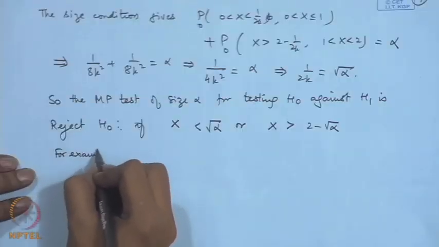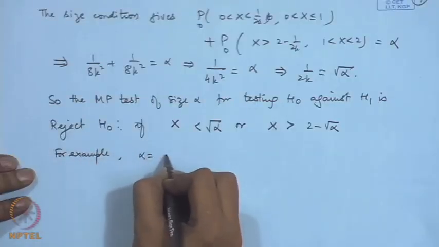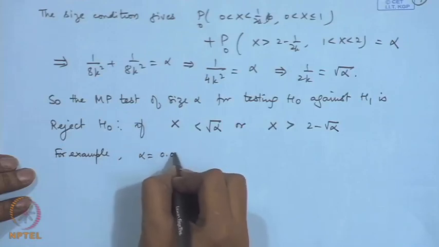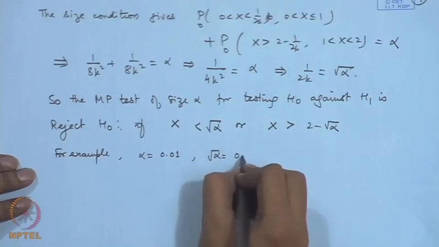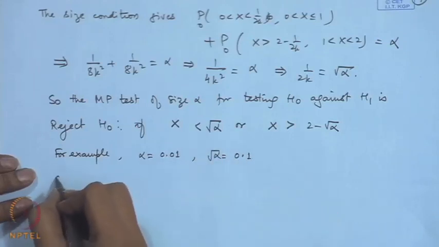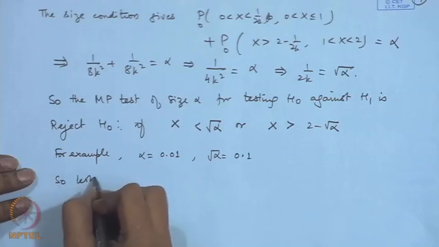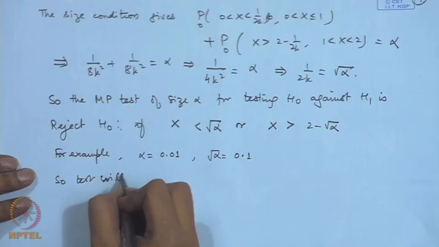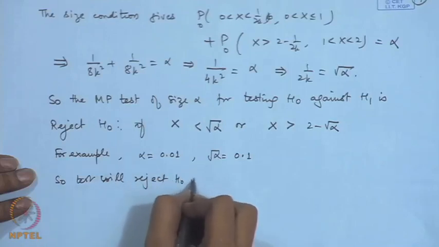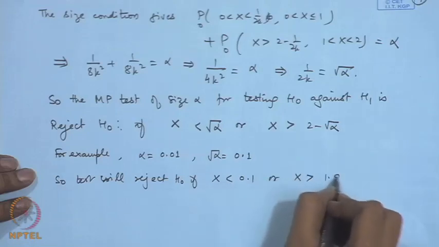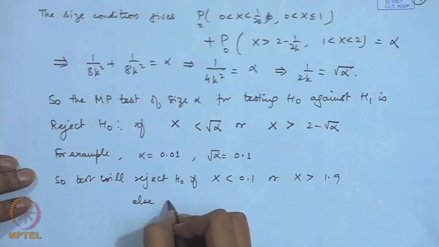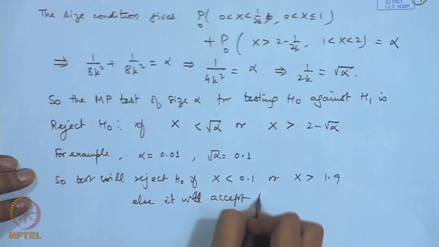So, for example, let us choose say alpha is equal to 0.01, then root alpha will become 0.1. So, the test will reject H naught if x is less than 0.1 or x is greater than 1.9, else it will accept H naught.